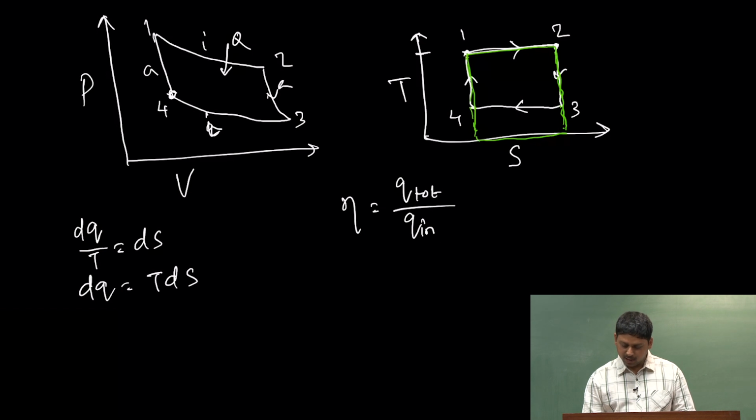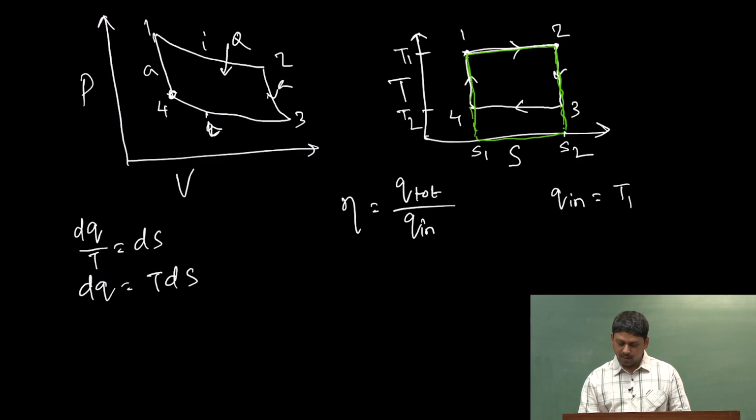Let us say this temperature is T 1, this temperature is T 2, this entropy is S 1 and this is S 2. Then our Q in is going to be T 1 multiplied by S 2 minus S 1. It is a positive quantity, and S 2 is greater than S 1. Therefore, Q in is a positive quantity.